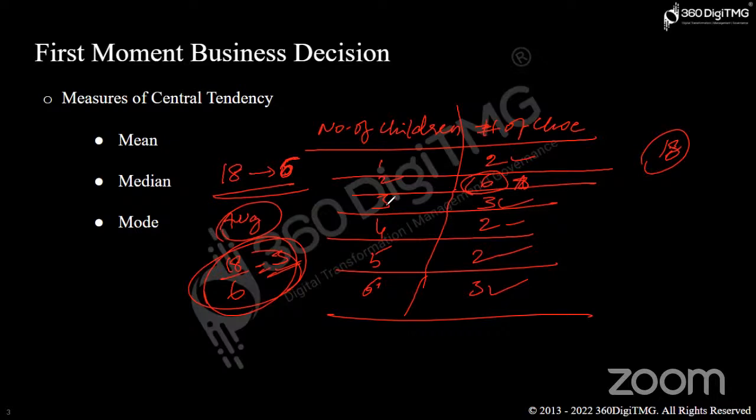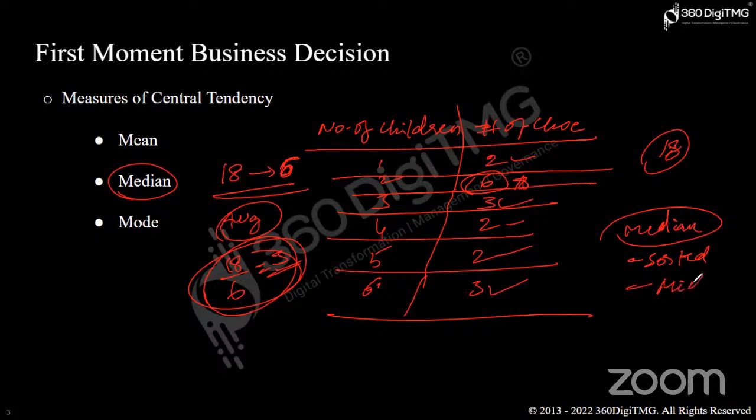Now I'll calculate the median. The median is the value obtained by first sorting in ascending order and then taking the middle element. This is the procedure to calculate the median.